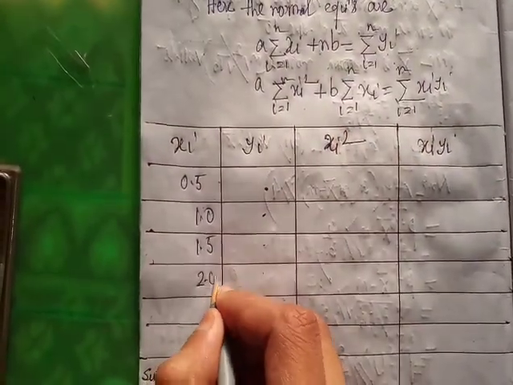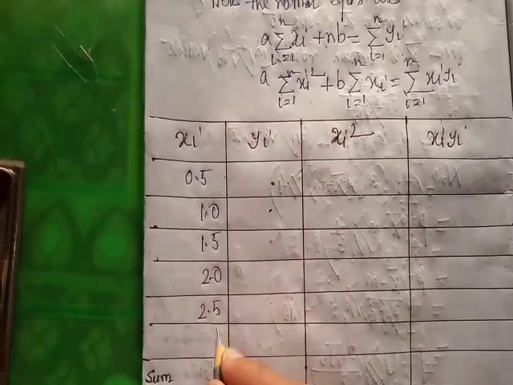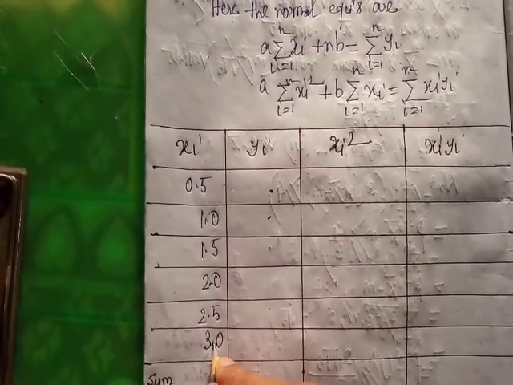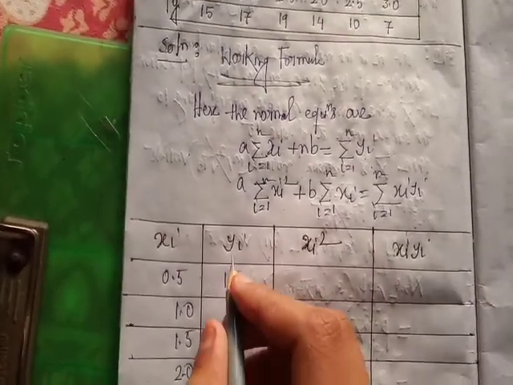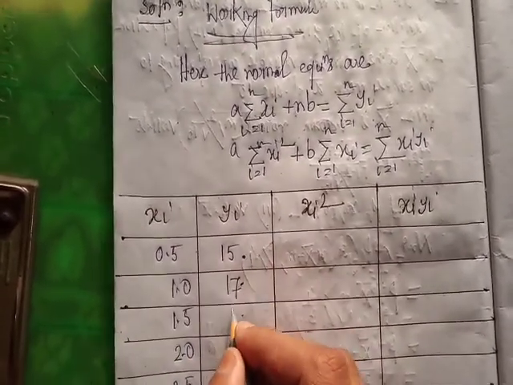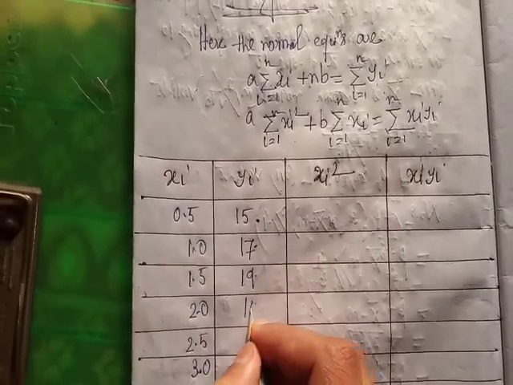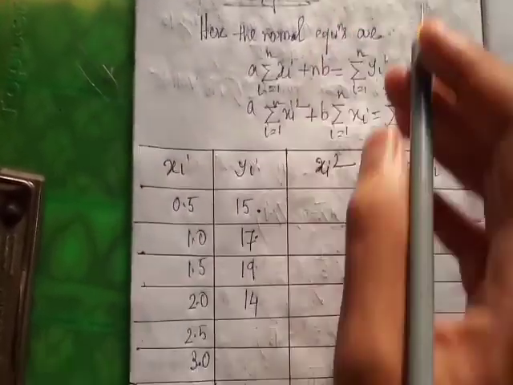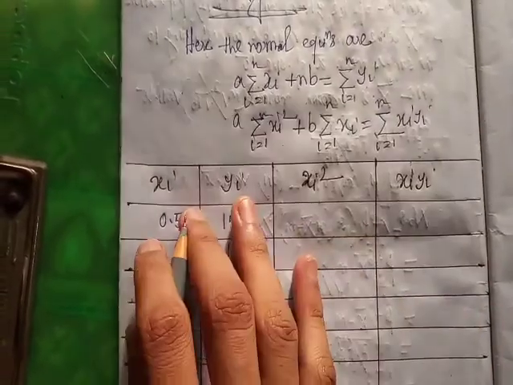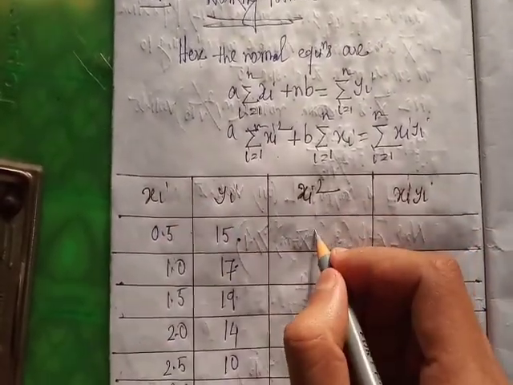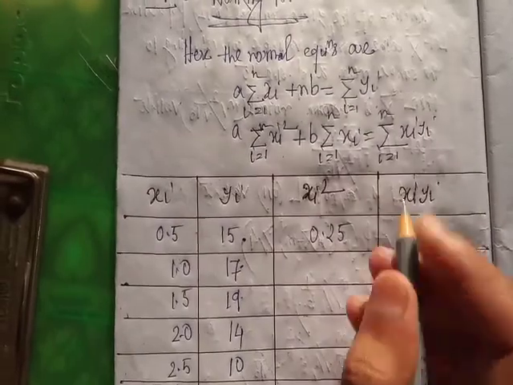And yi is 15, 17, 19, 14, 10, 7. xi square: 0.5 square means 0.25.